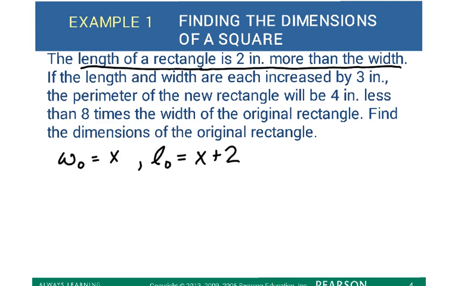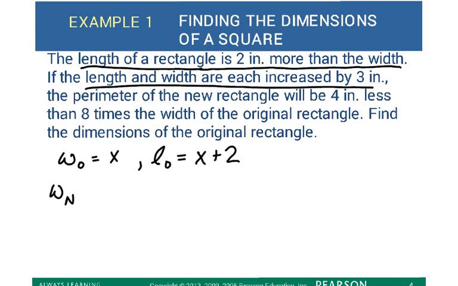And then this next portion, it says that the length and the width are each increased by 3 inches. Let's just deal with that for now. We're going to increase our original width and original length by 3. So our W, sorry, I'm going to call it WN for new.